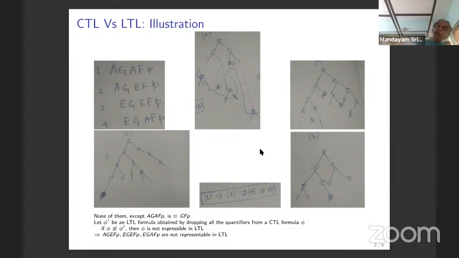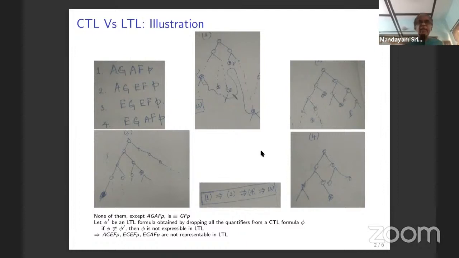CTL formulas have both universal and existential quantification over paths, and LTL formulas do not. There are several instances where a property that is expressible in LTL cannot be expressed in CTL.